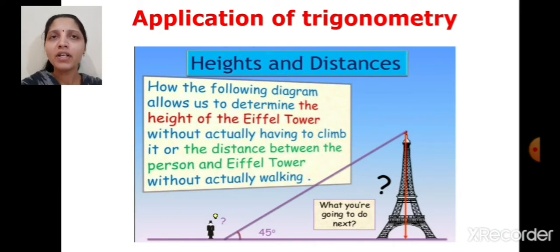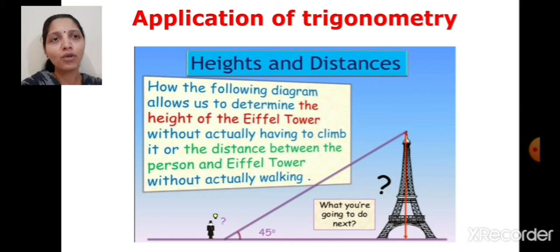Many a times you want to find the height of a tower, height of tall buildings or a tall tree. Can you determine height by direct measurements? No, you cannot. So at that time we have to apply the trigonometric ratios.